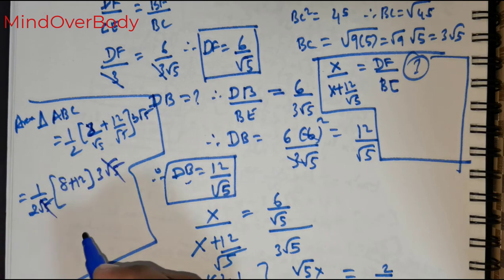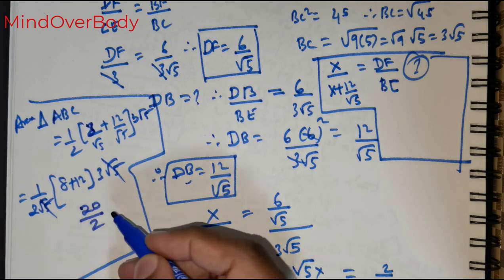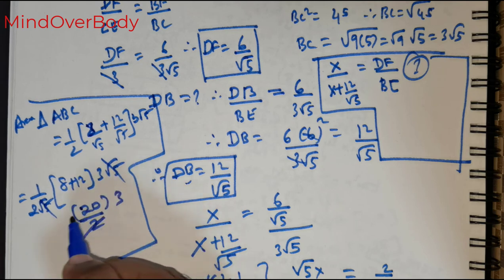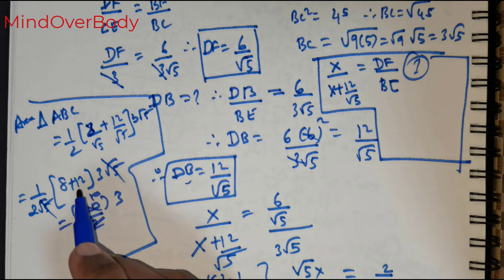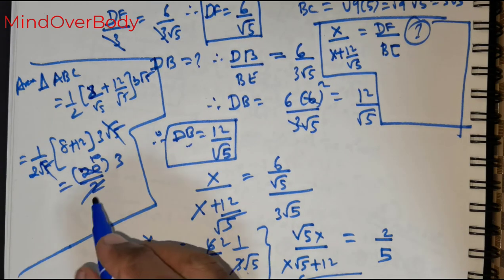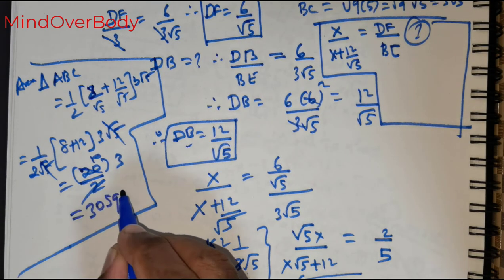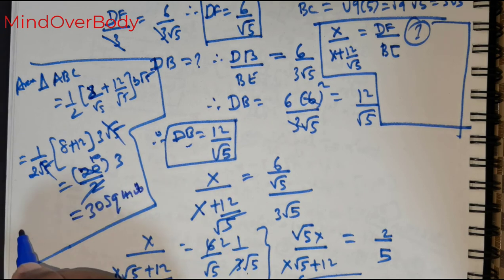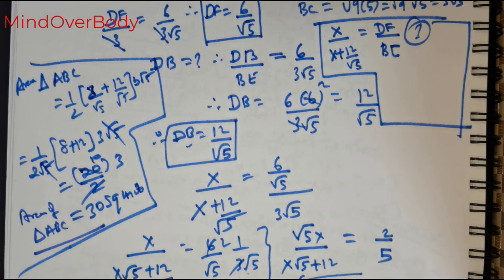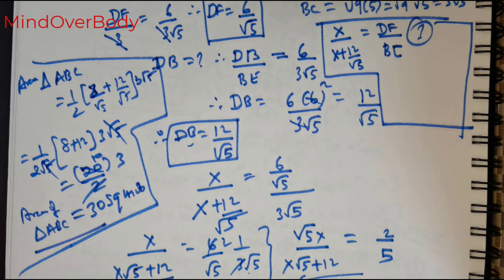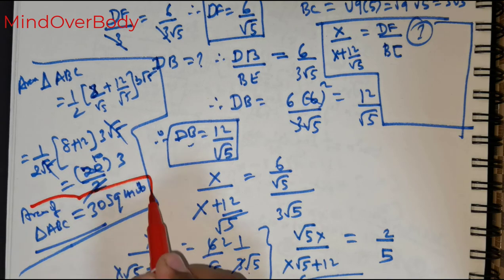So root 5 gets cancelled. 8 added with 12 gives me 20, divided by 2, times 3. 2 divides 20 ten times, and 10 multiplied by 3 gives me 30 square units. This is the area of the triangle ABC. So this is a beautiful question, and we can box the result.